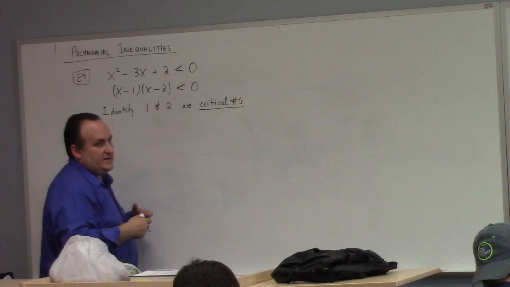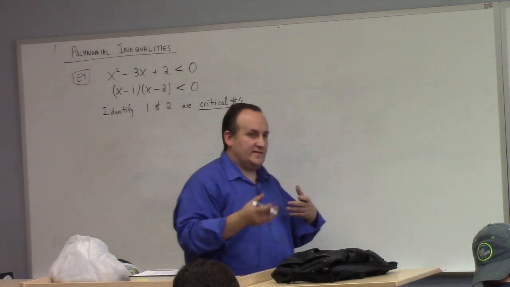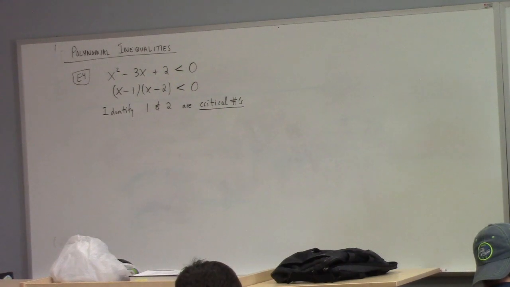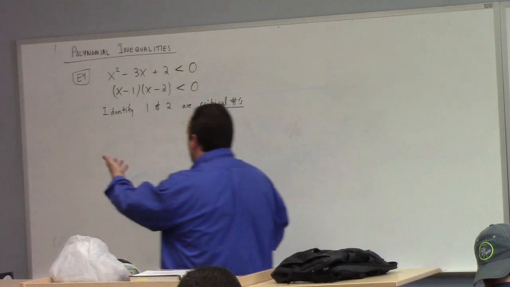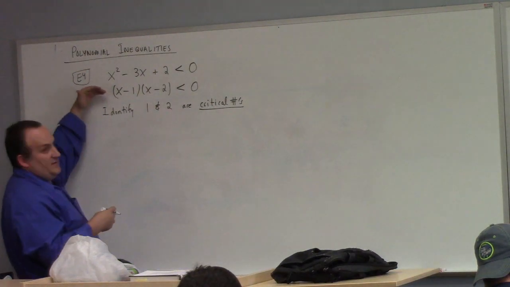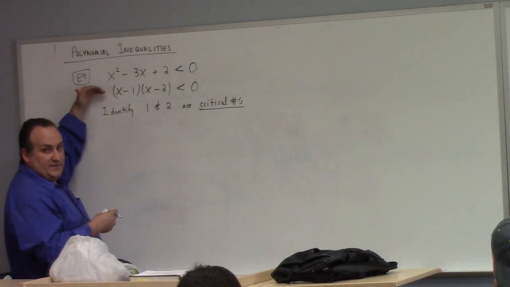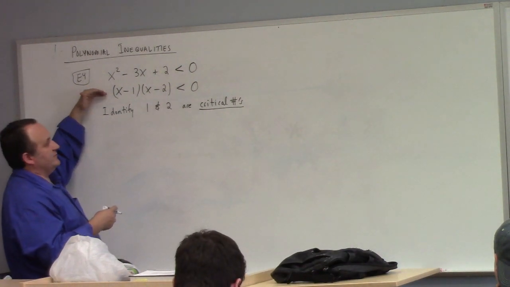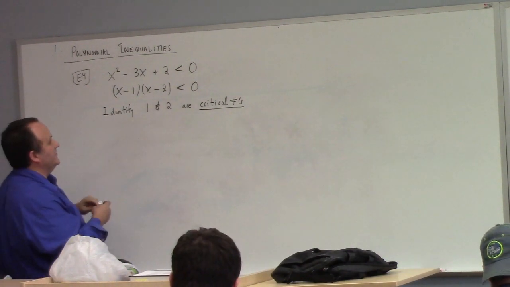A critical number, let us agree, is a number which either makes the expression 0 or undefined. There's no undefined for us now. After test 1, we'll extend this discussion to rational functions. Then we'll have division by 0. But at the moment, just places where it's 0. It's the only way this can be 0 by the factor theorem. 1 and 2 are also known as the roots. The roots are the critical numbers. That's exactly what we're looking for.